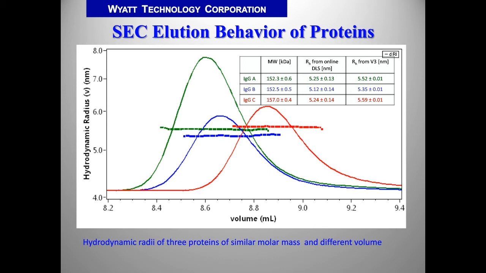Now, if we look at the hydrodynamic radii obtained by online DLS, dynamic light scattering, and online viscometry, we can see that DLS actually has such high uncertainty that all proteins have identical hydrodynamic radius within experimental uncertainty.